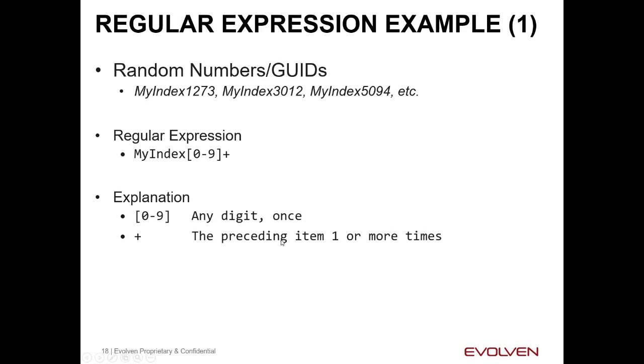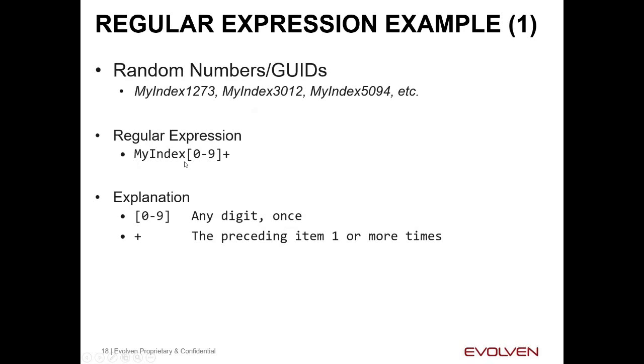So let's look at a few examples. We talked about the example of random numbers at the end. In this case, our regular expression is saying, I want to look specifically for the word myIndex, and then after myIndex, I want to look for, and the square braces are a class, and this class is saying 0-9. So you can think of this as any digit, and here it says specifically once.